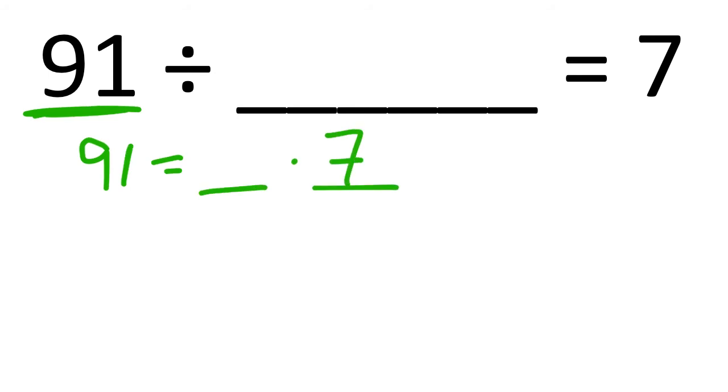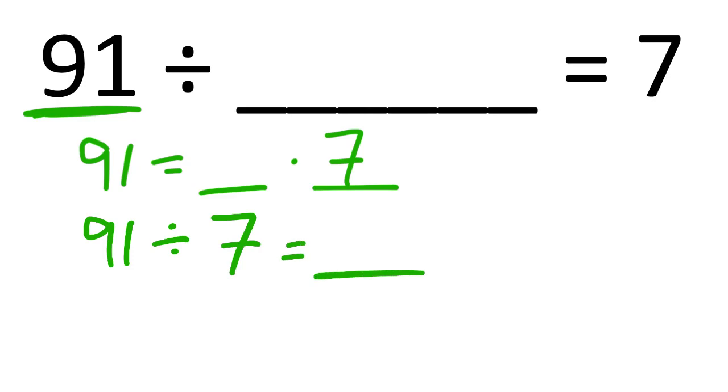Well, the dividend has to be the product, and the other two values are the factors in this, which means one of them is still unknown, but we want to work with these directly, which means I actually need the other division problem, right? So this would be, well, 91 divided by, now instead of a blank value, I'll have the 7, and this equals the blank. So the blank that we're looking for is the same blank throughout in the fact family, right?